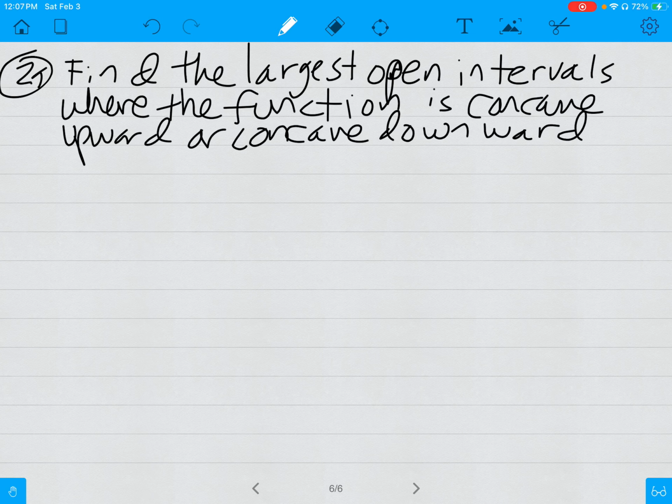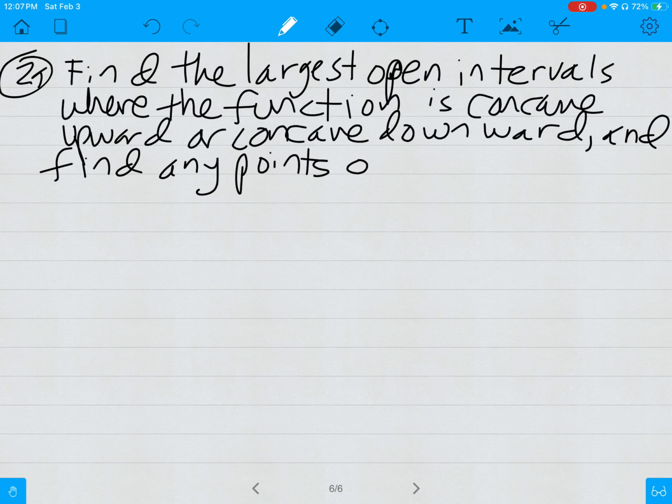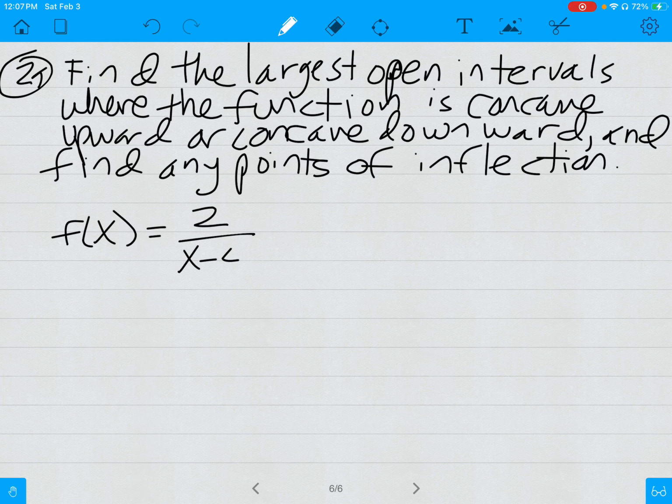And we also want to find any points of inflection. Okay, and then the function that we have is f of x is equal to 2 over x minus 4. Okay, so we're finding these intervals where the function is concave up or concave down, and then we're finding points of inflection.